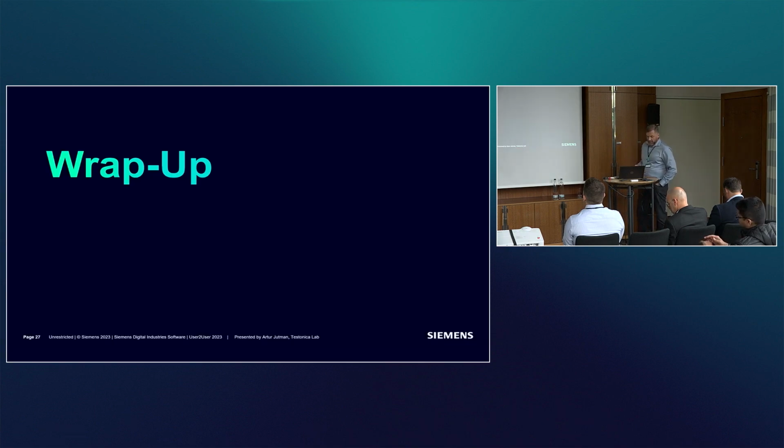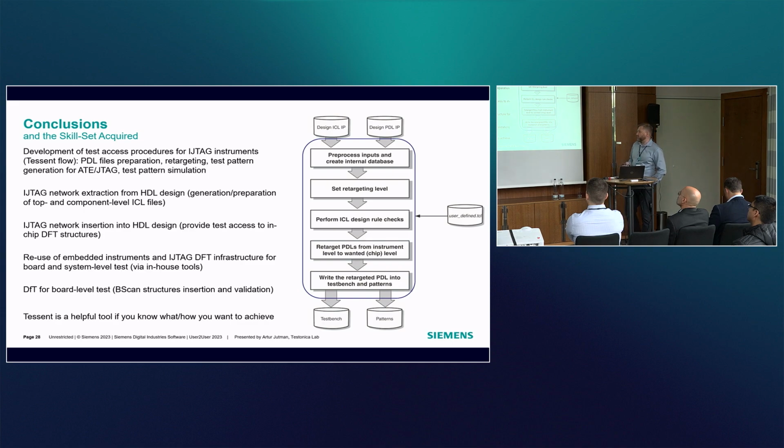All right, that practically concludes my talk. On this slide, I listed a number of skills that you would require to work with an FPGA-based validation environment, to check your instrumentation and IJTAG scan networks.